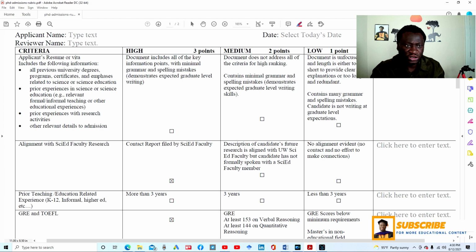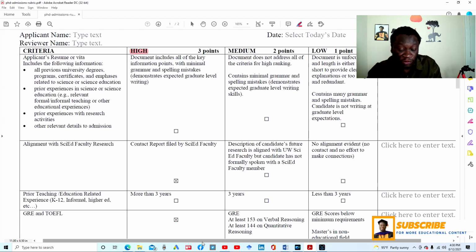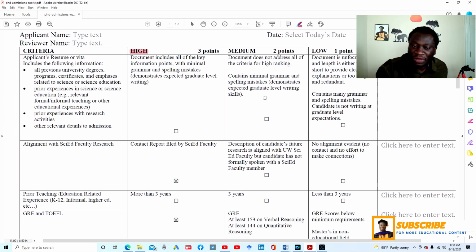But what we are going to do is go through the criteria and look at what is under high, medium and low. But in general, you want to make sure you are in the high range, okay? You want to make sure you are somewhere in the high for the purpose of your application. But if you're in the medium for certain criteria, it might be okay. It just depends on how competitive that group of applicants is for that application cycle.